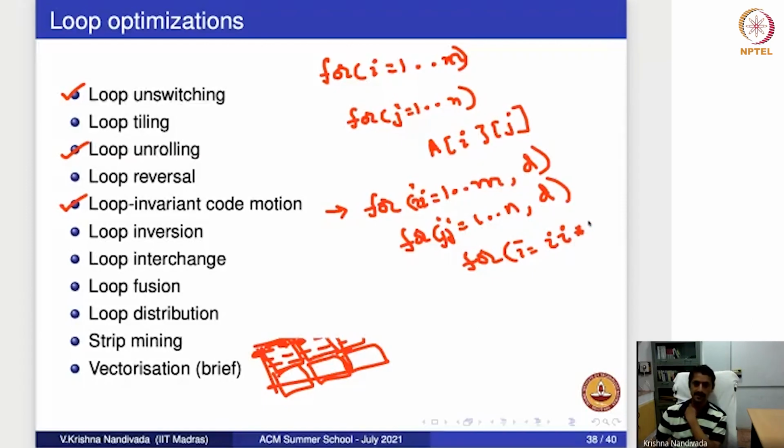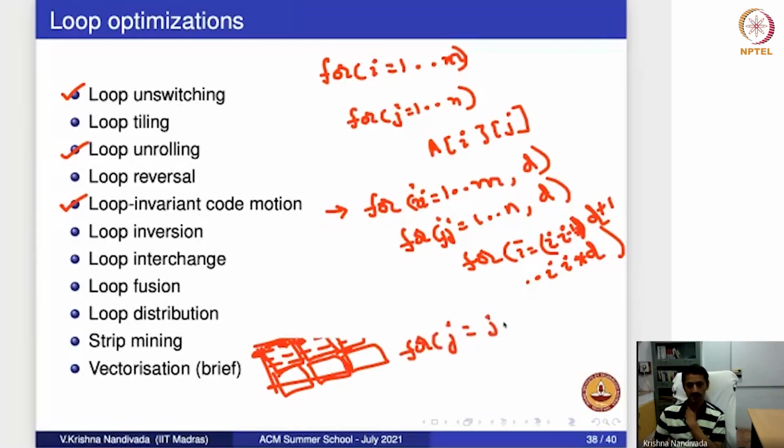First time it should go from 1 to D. So I goes from (II minus 1) times D plus 1 up to II times D. Similarly, the J loop I'm writing here: J varies from (JJ minus 1) times D plus 1 up to JJ times D. And then the same statement S remains here.